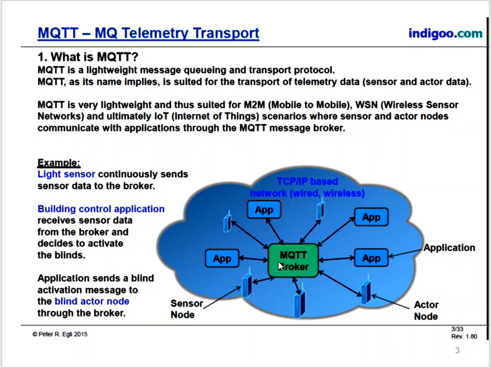Then the broker will send those sensor messages to those applications or clients that have subscribed to listening to them. And it could also be that there are some actuator devices receiving measurement data from the sensors, and the whole coordination is done by this broker.